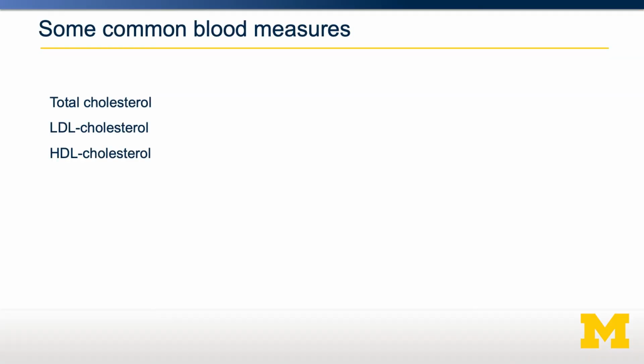Because cardiovascular disease, unlike hypertension or diabetes, isn't a continuous event, it's a singular event, we rely on surrogate blood measures to identify prospectively who is at elevated risk of cardiovascular disease. Some common measures are total cholesterol, LDL cholesterol, and HDL cholesterol. This is related to, but actually distinct from, the number of particles of each of LDL or HDL.